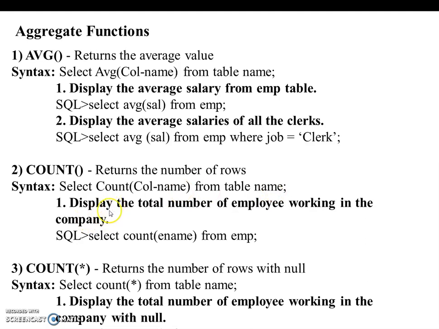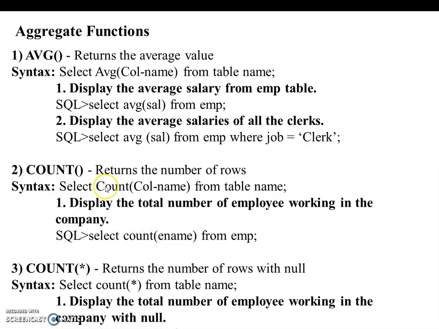We have one example: display the total number of employees working in the company. To perform this we have the query select count of ename from employee. It will return the number of employees working in the company but without null values.